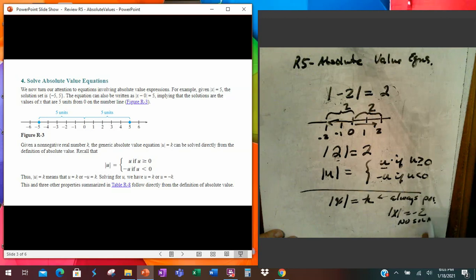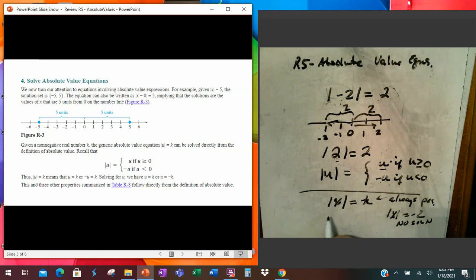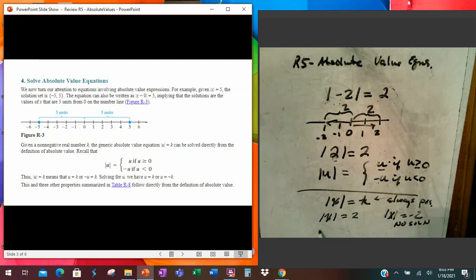No absolute value is less than 0; absolute values are always positive. Instead of putting the negative in front here, I'm going to put it here. Let's say this was 2, then x could be equal to -2 or x could be equal to 2. Either one could be the negative number. So remember that all of this could be either negative or positive.